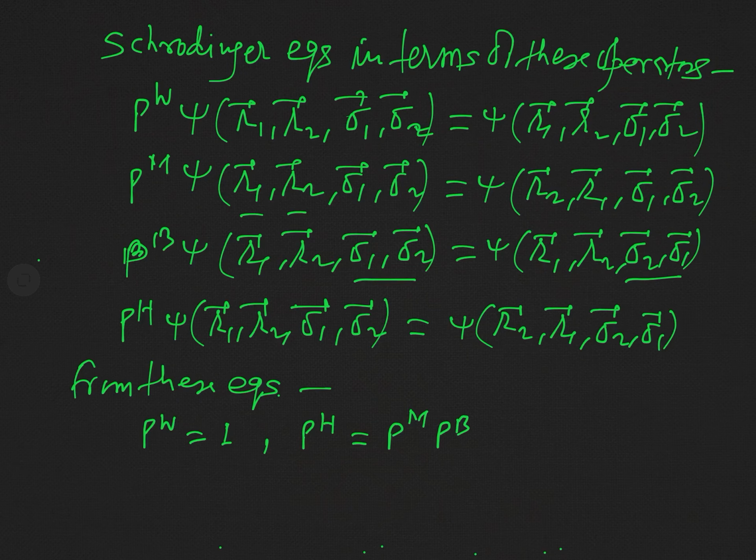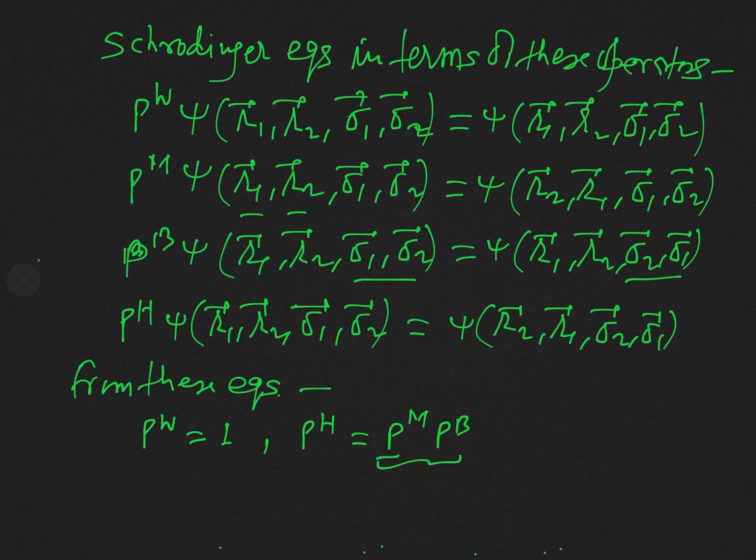If we operate this on the wave function, first of all we take the operation of P_B, which will interchange sigma 1 and sigma 2, and after that we take the operation of P_M, and you can see the result will be just like this.